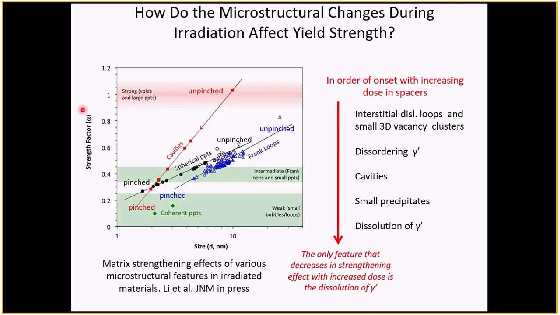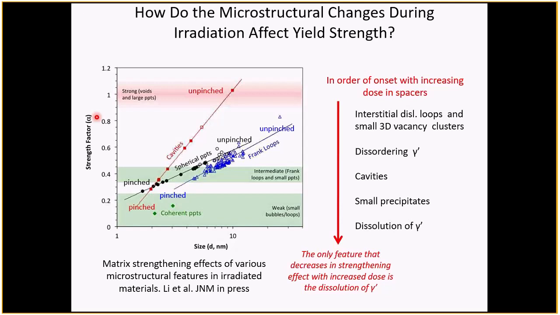I talked a little bit about the strain aging effect and the precipitate size. Well, the same thing applies with other types of clusters. And often it's not just the size of the precipitate, it's obviously the spacing between the precipitates. But for a given precipitate type, there's a thing called a strength factor, alpha.